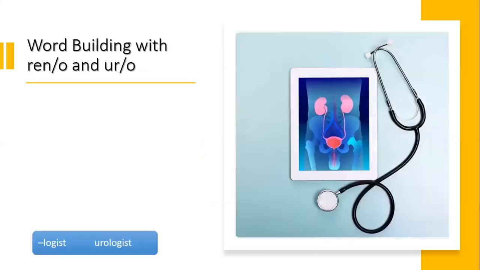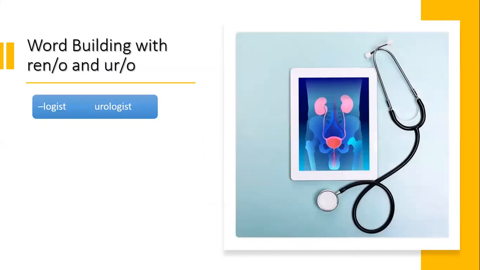Word building with reno or uro. Urologist is the specialist of urology, the urine specialist or specialist in the urinary system, which contains the kidneys, ureters, bladder, urethra, and male genitalia.